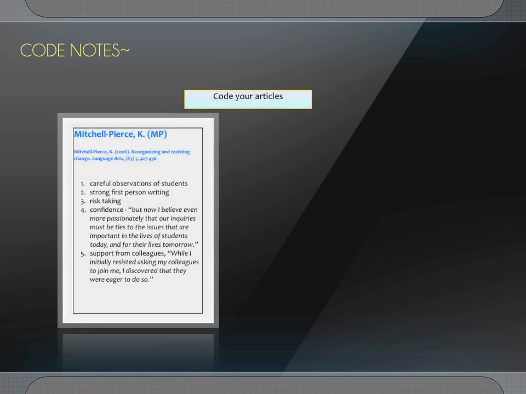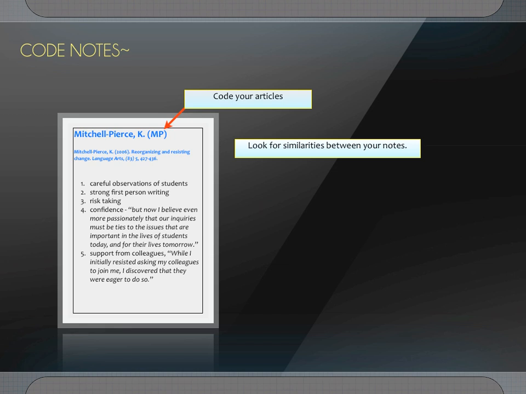Now, you want to code the notes you have taken. I read a tip of writing the code for the actual article that can help. Give it an abbreviation right when you begin. Here I just use the author's last name. Coding just means looking for similarities, patterns, commonalities among the notes you took.